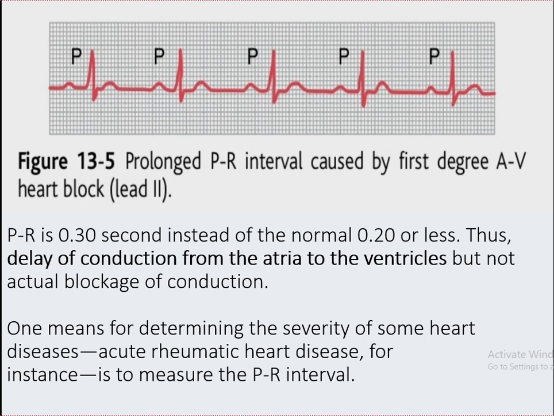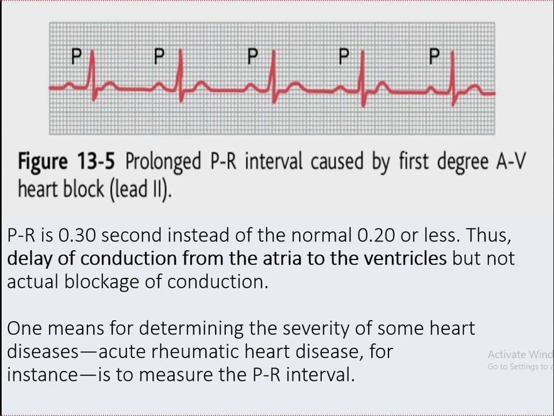So you will just have a prolonged PR interval. The rest of the intervals will be fine, but this PR interval is prolonged, so the impulse takes long to reach the ventricles to get a QRS complex. Always, if you're having greater than 0.2 seconds for the PR interval, it suggests a first degree AV block.